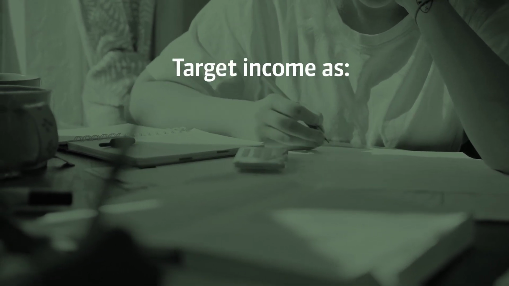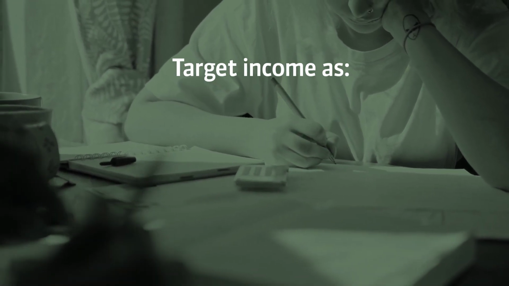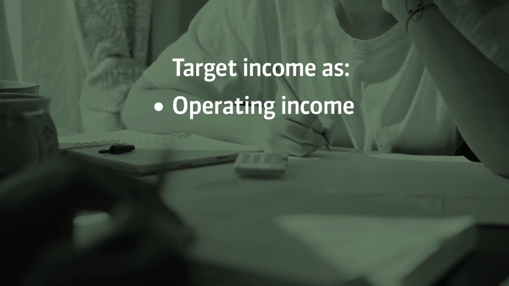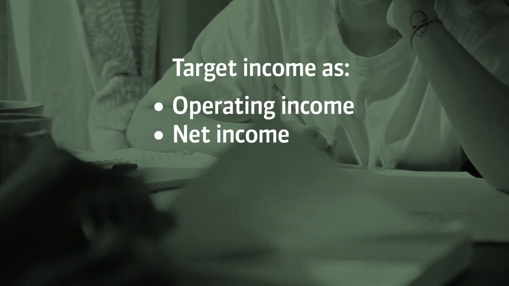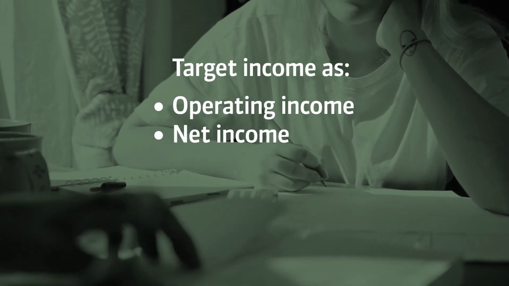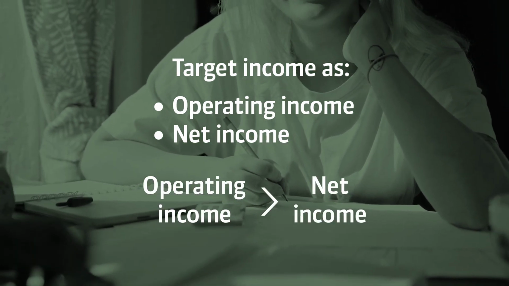The word profit has a fairly broad meaning. So in this video, I will focus on operating income and net income. The value of the net income is lower than the operating income.